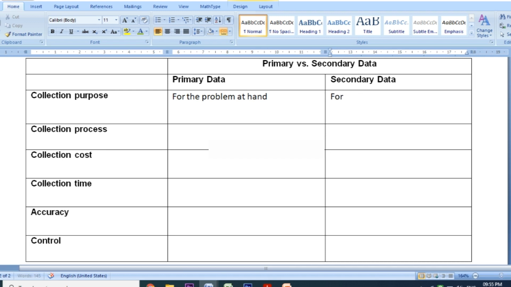However, secondary data is collected for other problems. The collection process in primary data is one wherein the researcher has a wide role.